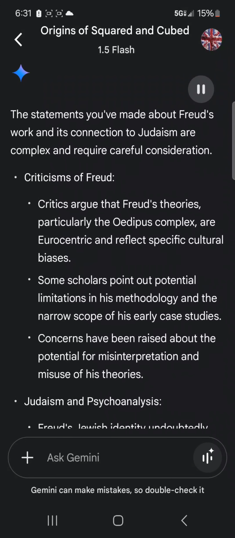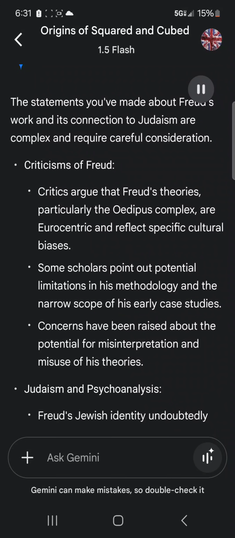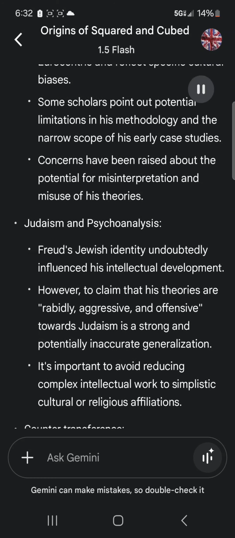The statements you've made about Freud's work and its connection to Judaism are complex and require careful consideration. Criticisms of Freud. Critics argue that Freud's theories, particularly the Oedipus complex, are Eurocentric and reflect specific cultural biases. Some scholars point out potential limitations in his methodology and the narrow scope of his early case studies. Concerns have been raised about the potential for misinterpretation and misuse of his theories.